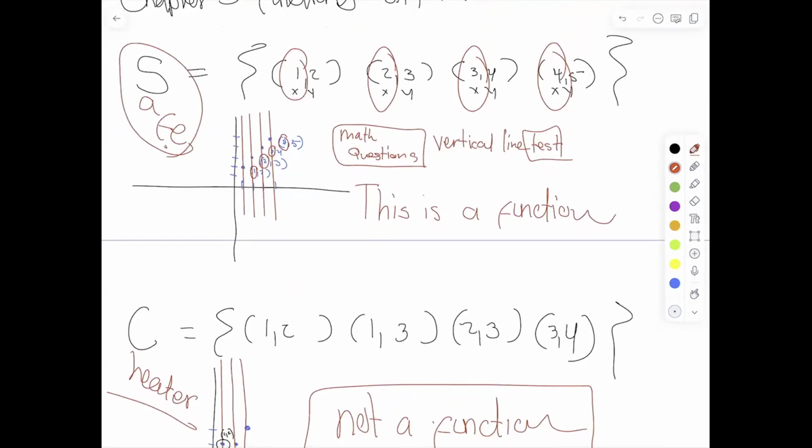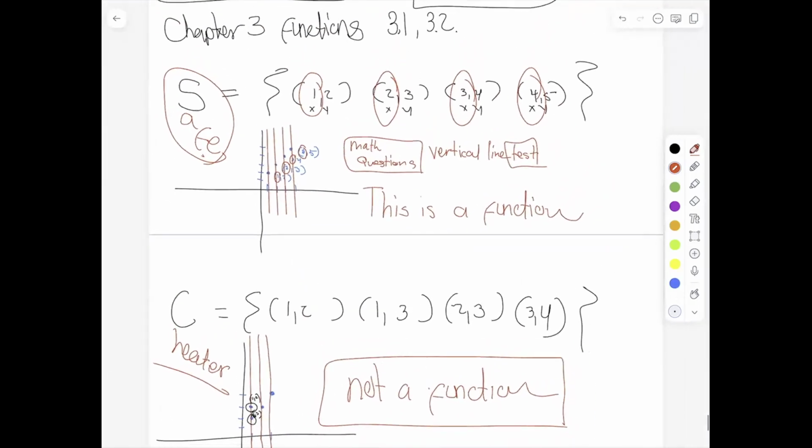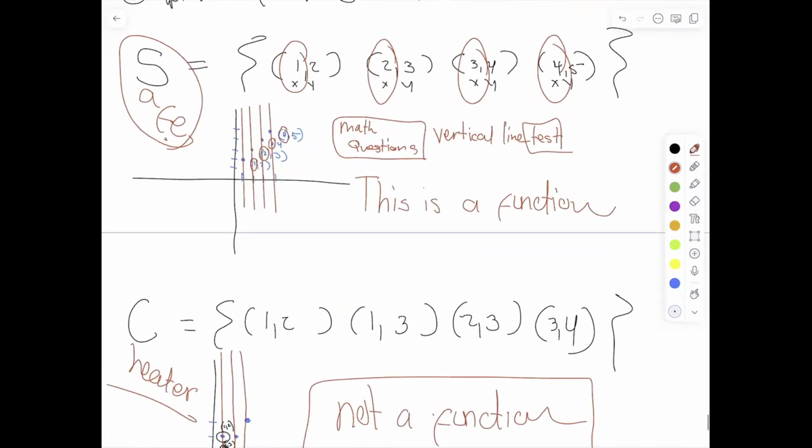Now, I'm just making up the letters S and C. You can name this anything. So, the most important thing that you have to understand when it comes to a function is that the value of X is not being touched more than once. You could only touch the X value once.